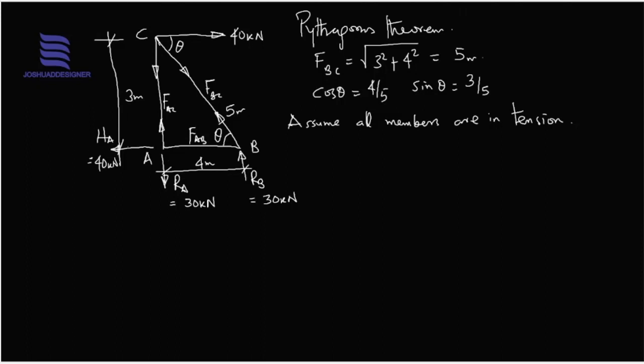Then we say also that this member is in tension. So this is what we are going to analyze. So let's start from joint C. I'm taking joint C as my first point. Bringing out joint C and the members connected to that joint, I'd have something like this.